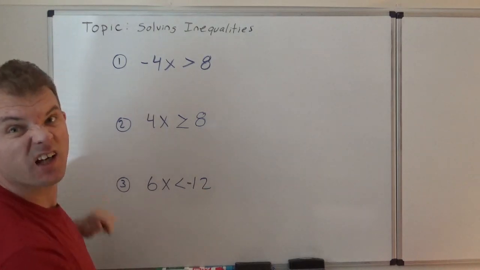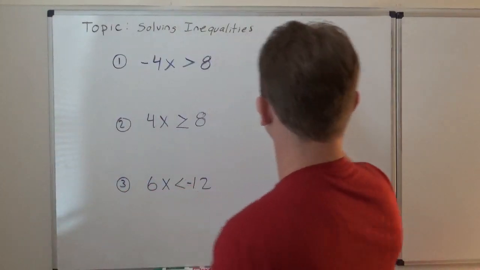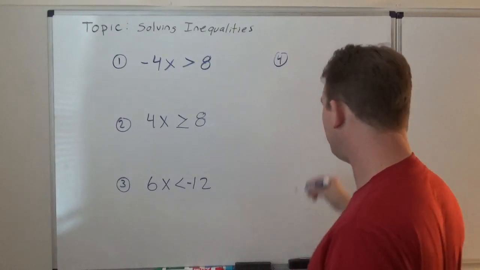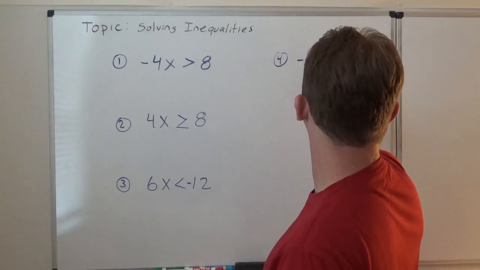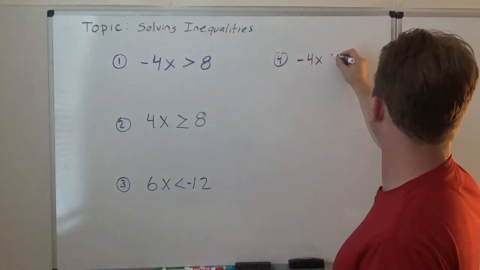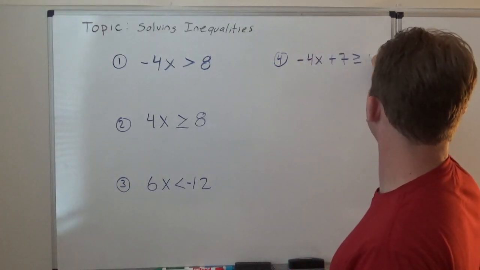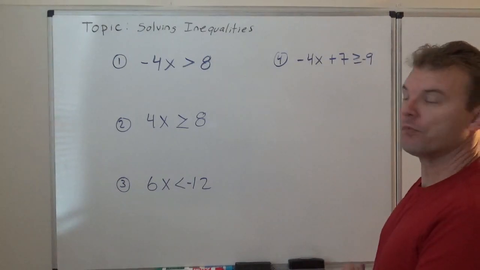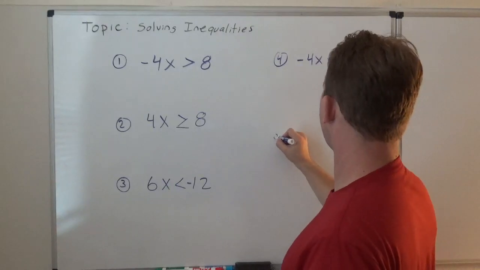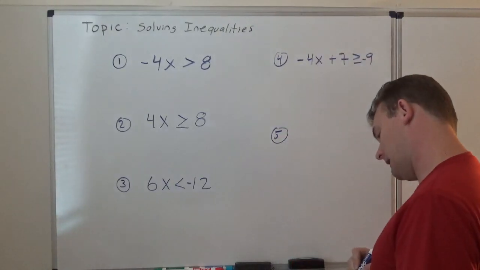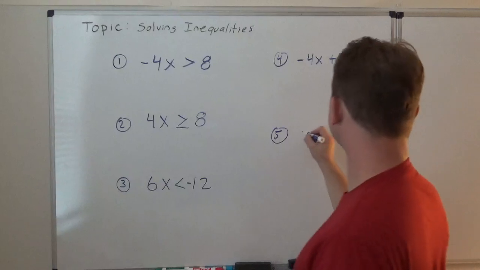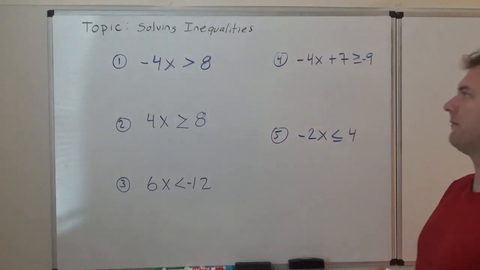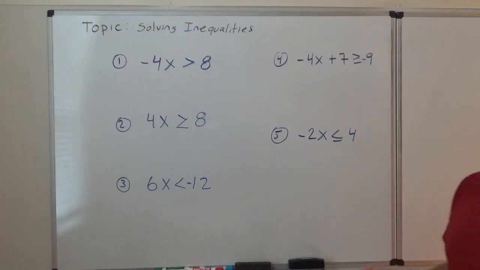Number 4, let's go a little more involved: negative 4x plus 7 is greater than or equal to 9. And number 5, just for now, is less than. So there's your 5 questions.